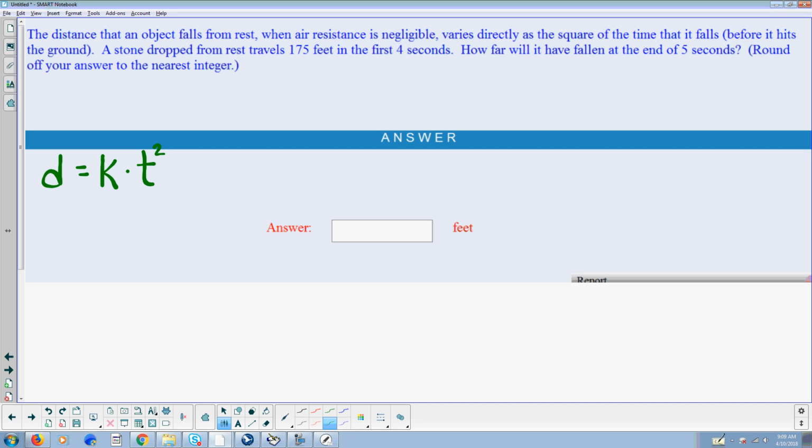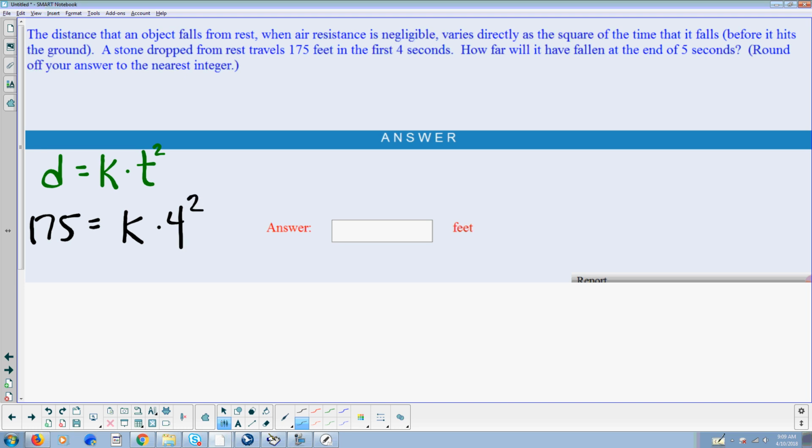So step 1, write a formula. Step 2, substitute in numbers and solve for k. They give us some example numbers. We're going to find out what k, the constant of variation, equals. A stone dropped from rest travels 175 feet. There's your distance. In the first 4 seconds.